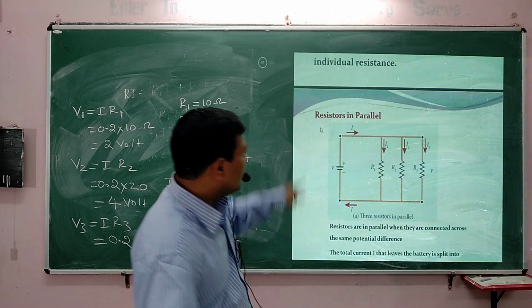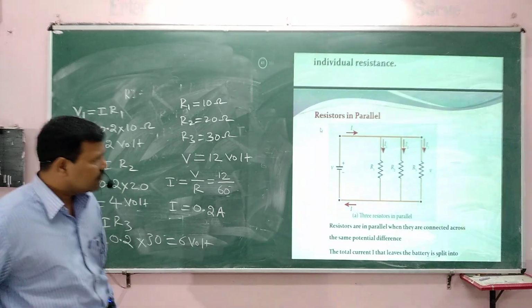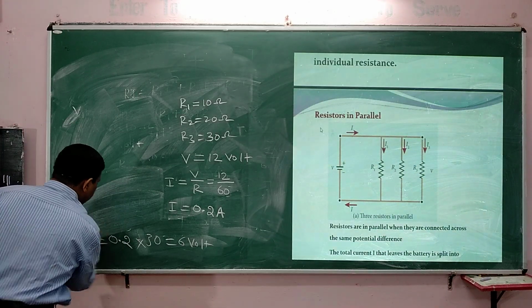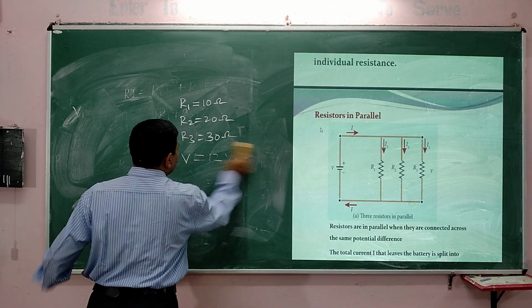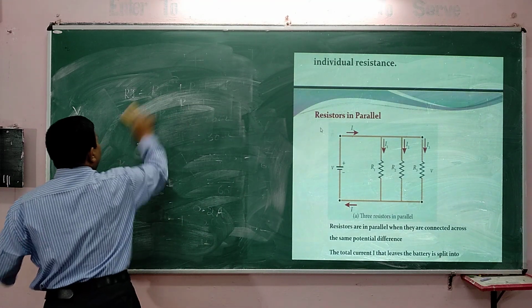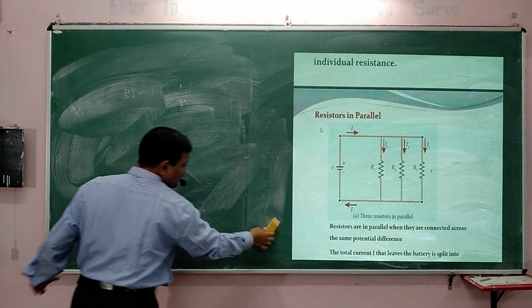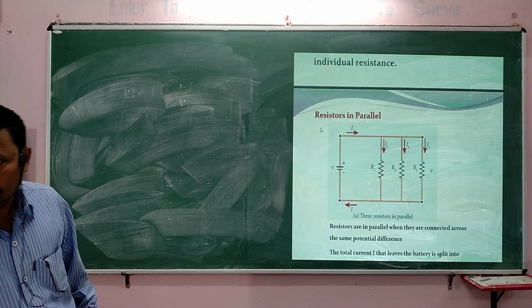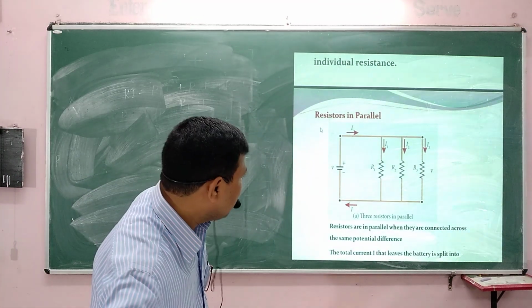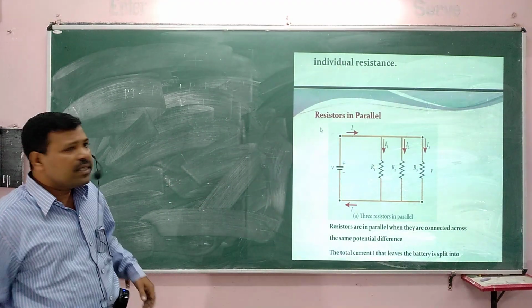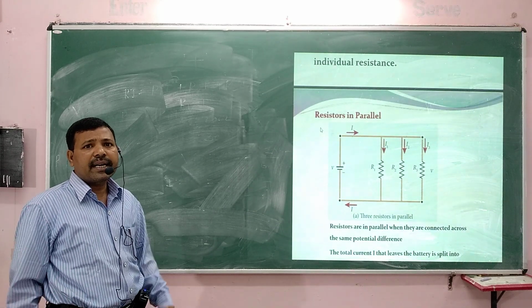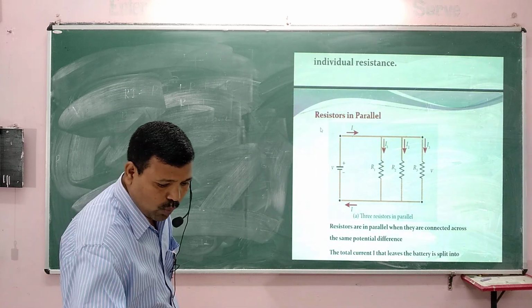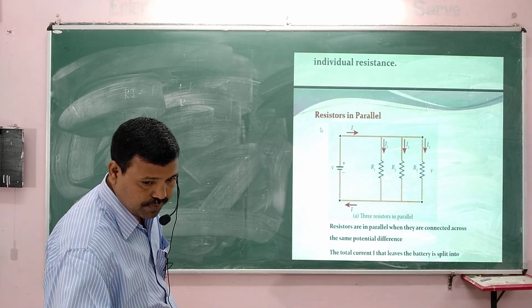Now we will go to resistors in parallel. Three resistors, whenever they are connected in parallel like this, what is the net resistance?